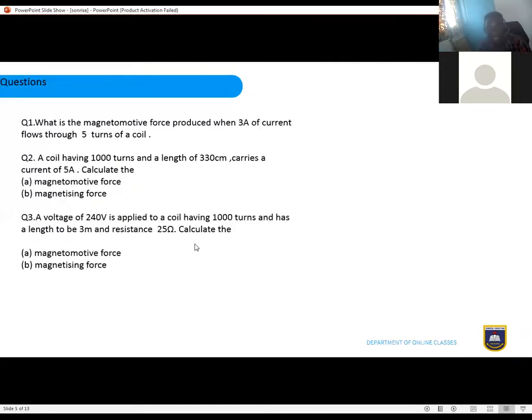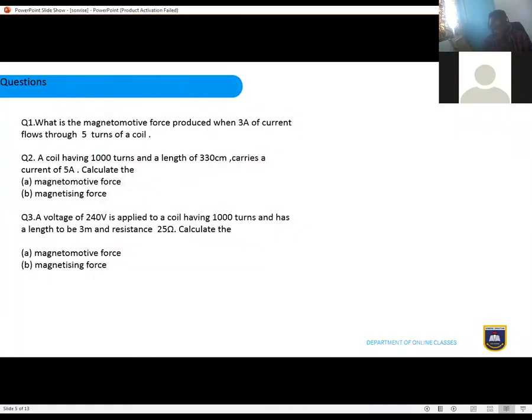So let's look at these examples. If you have any idea about it, you can start solving. Question 1: what is the magnetomotive force produced when 3 ampere of current flows through 5/10 of a coil?